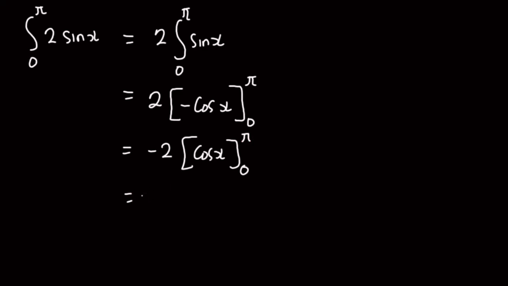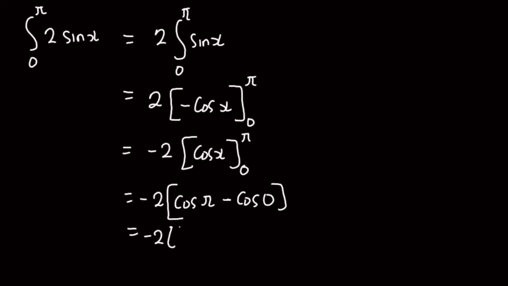And so this is the same as negative 2 into brackets: the cos of the upper limit minus the cos of the lower limit. Now remember that pi is 180.